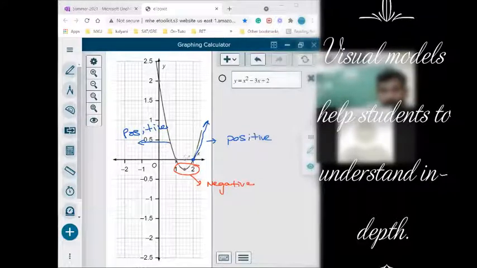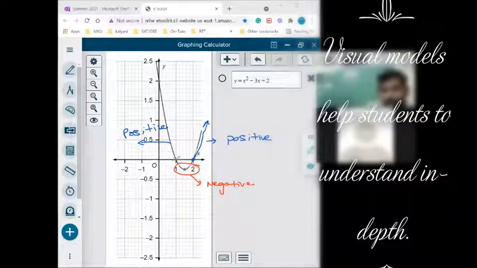If I plug in any numbers in between 1 and 2, my answer is going to be a negative number, which I can't have, because a square root function has to be a positive value. So I can't take anything between 1 and 2.